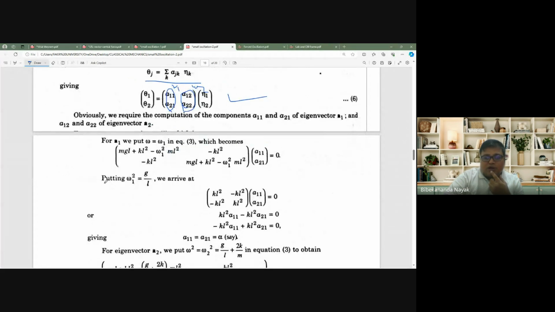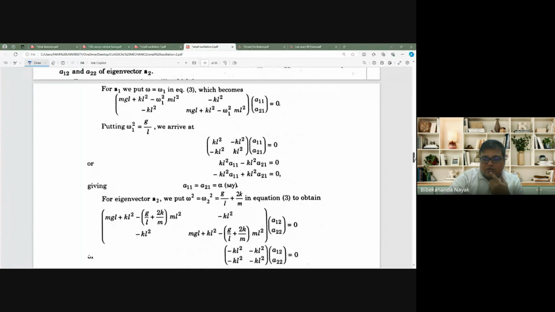Putting omega 1 square, we find the value of a1. We got a11 equal to a21 from this equation. The two components are the same.